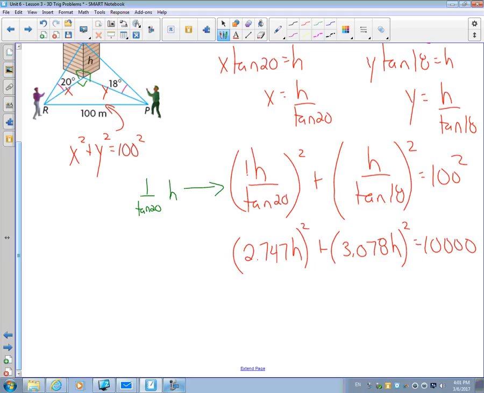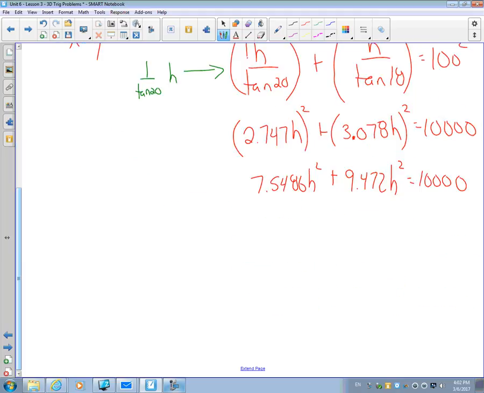Okay, now we have decimals. Decimals are a little bit easier to work with. Makes our life slightly easier. So when we square them, we end up with 7.5486 h squared plus 9.472 h squared equals 10,000. Well, I can collect like terms. It's just algebra now, right?